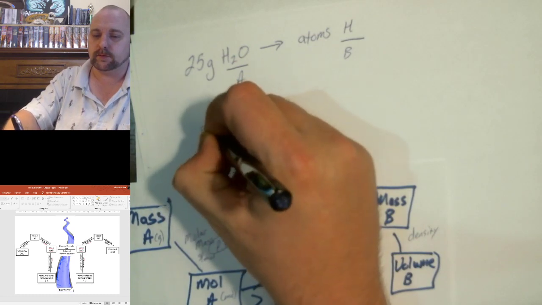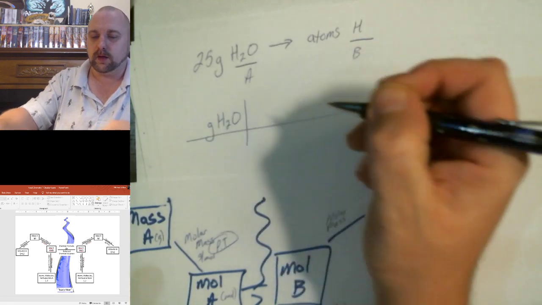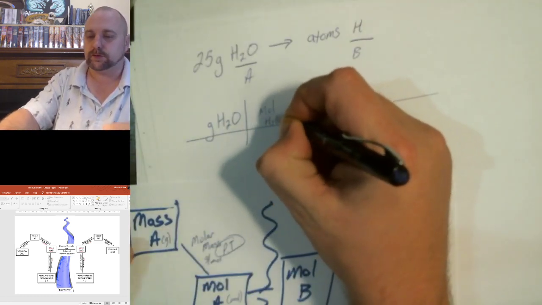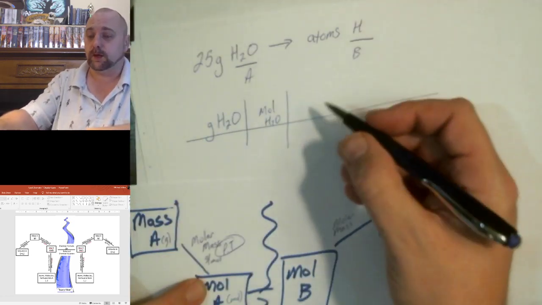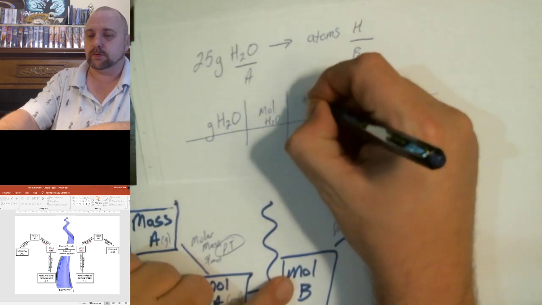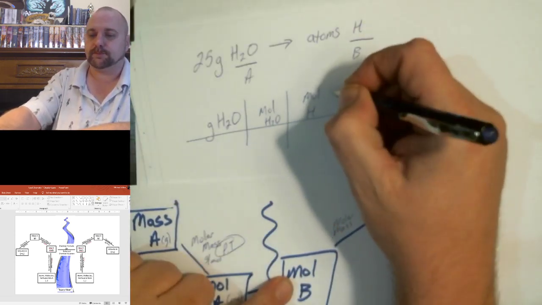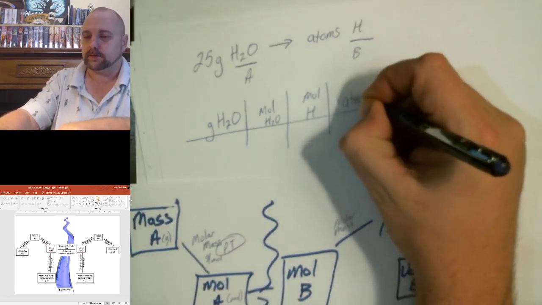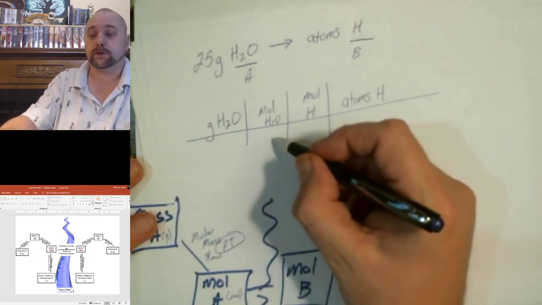I'll have grams of my water, and I need moles of my water. We're still in A, so anything that is A will be water. And then the next step will be moles, and it's B, so this is my hydrogen. And the next step needs to be atoms of my hydrogen.